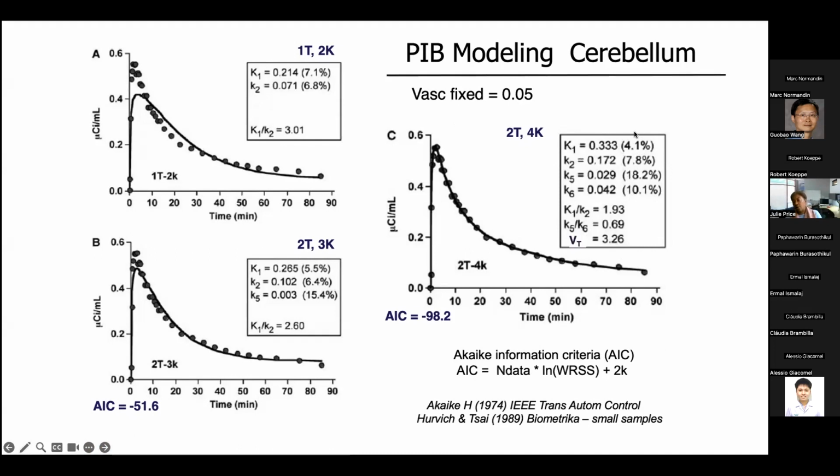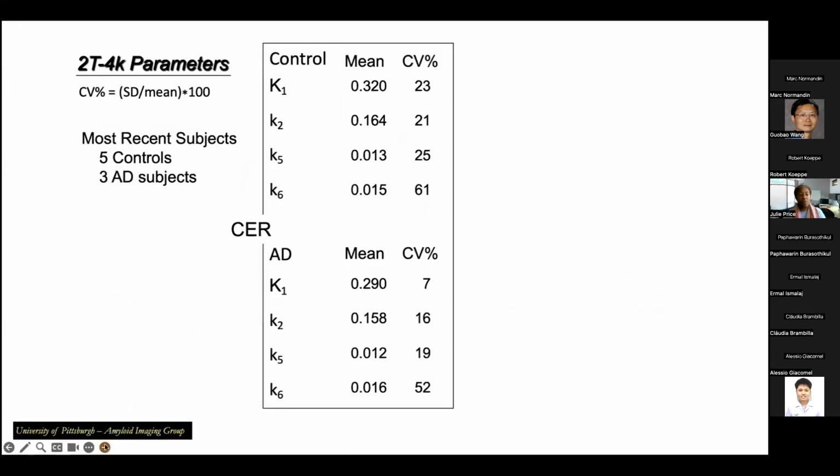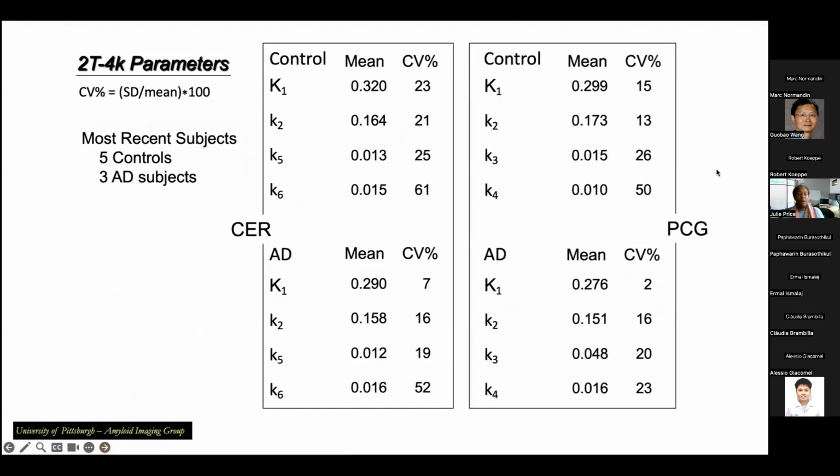And the standard errors of the kinetic parameters were also very low, giving us confidence that we were fitting the curve in a robust manner. So this is just another example of outcome measures that we obtained for a 2-tissue 4-parameter model, in 5 controls and 3 AD subjects.